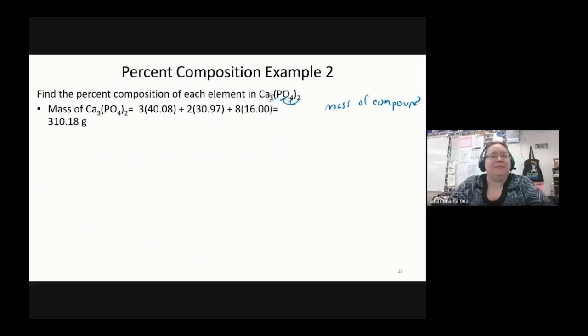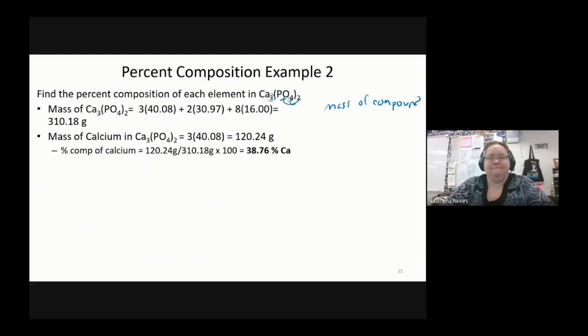Now we're going to find the percent composition of each element. So the total number of atoms of that element times its atomic mass divided by this molar mass will give me my percent.